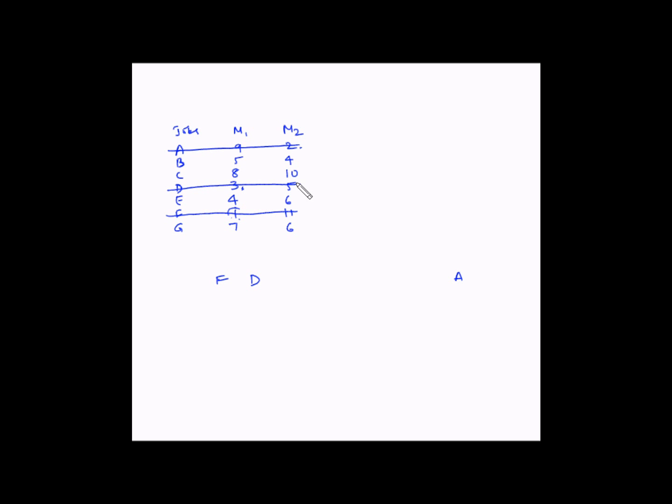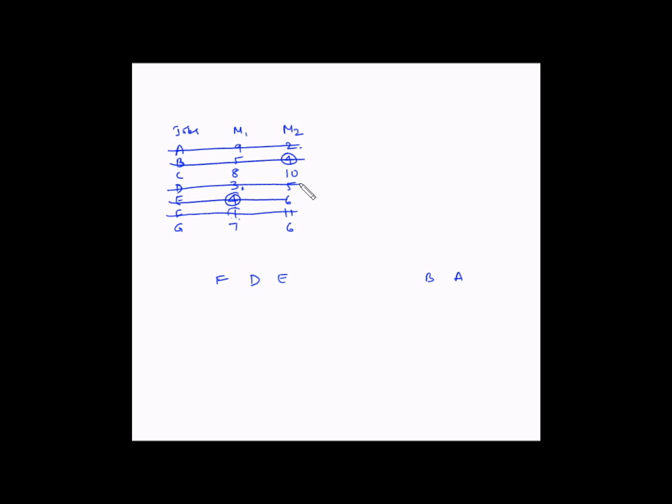The next shortest is 4, which is for two jobs, that is B and E. Now B is on machine M2 while E is on machine M1. So there is no conflict. We'll put B before A because this is on machine M2, and E after D because this is on machine M1. And let's cut these two lines.